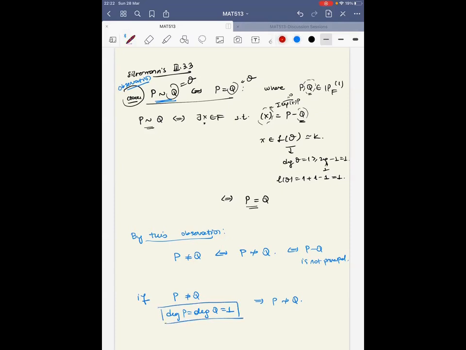So this gives us a counterexample for the sufficient condition of this statement.